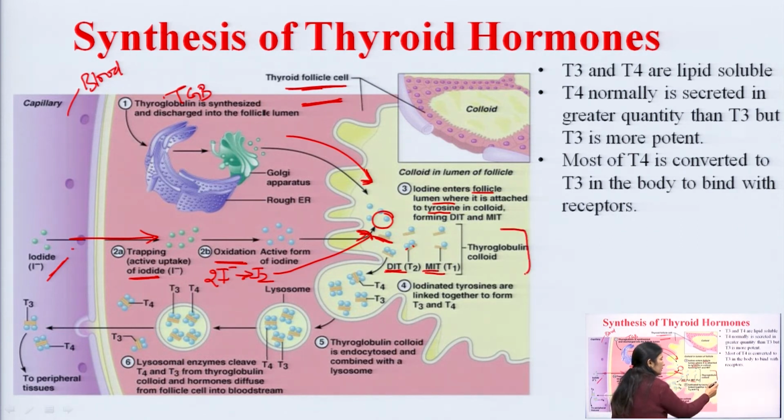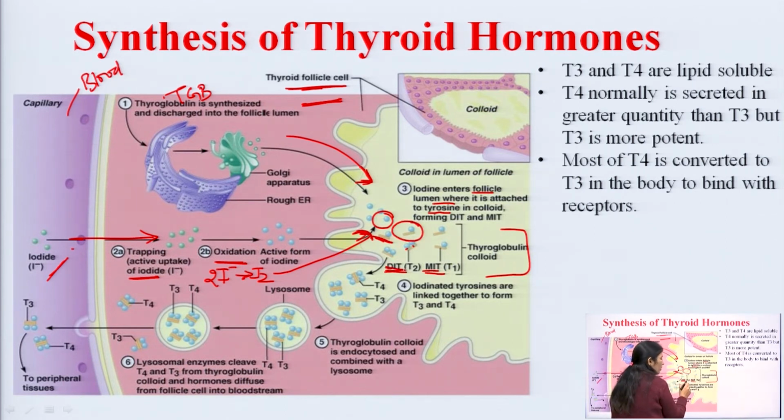So, this is colloid that is present in the lumen. This is the lumen and this is the thyroid follicular cytoplasm. From the cytoplasm both TGB and iodine enter into the lumen, and there iodine binds with the tyrosine of TGB.